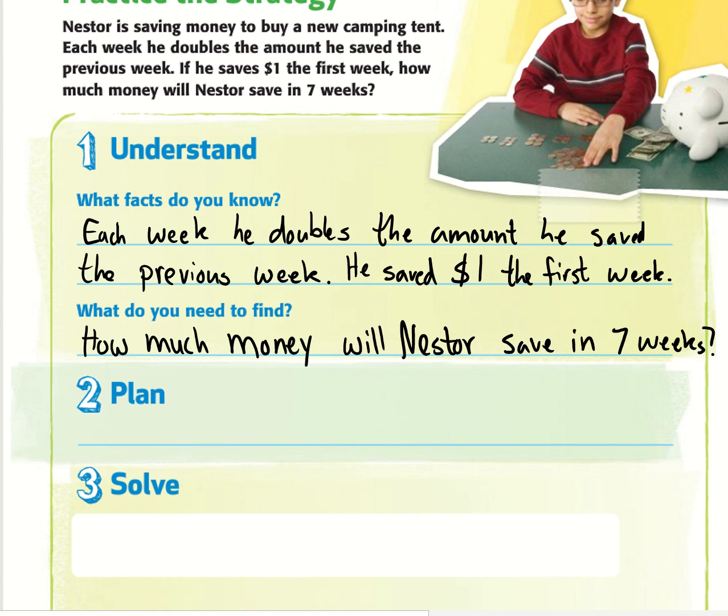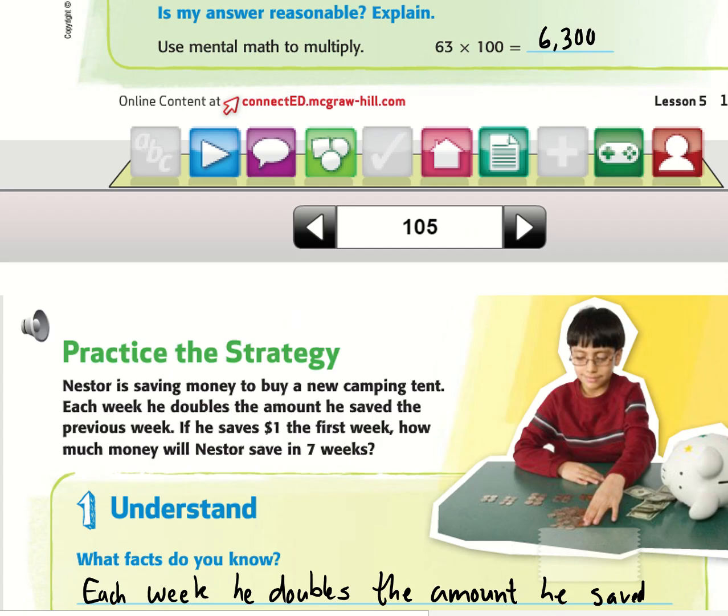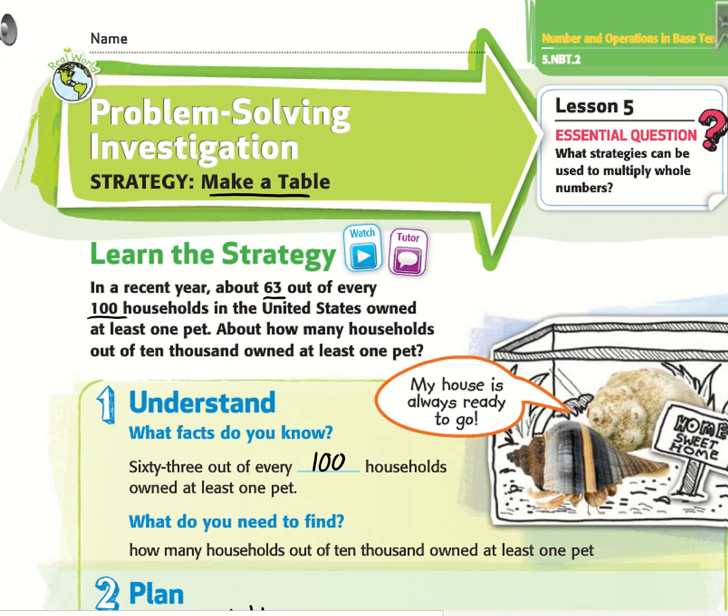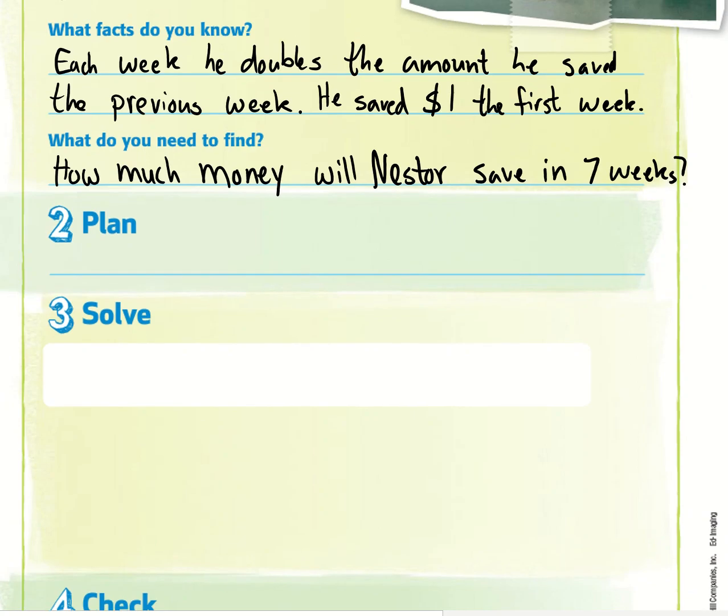So number 2 is plan. What will we do? Well, since the strategy is, like I said, making a table, that's the strategy we're going to be practicing for this lesson. So plan. I will make a table to solve this problem.